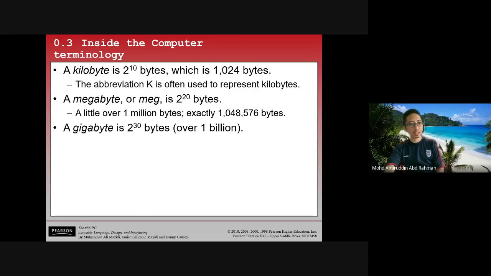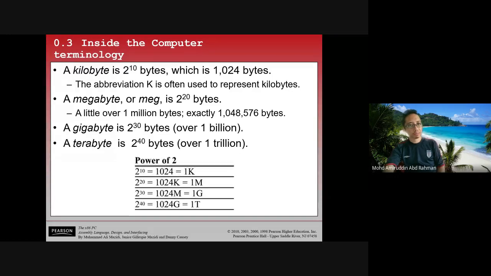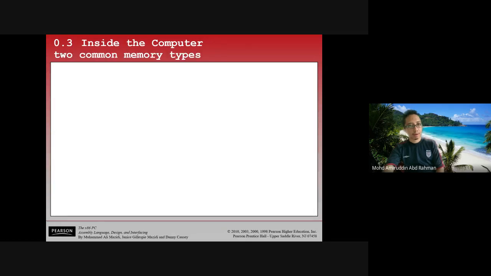A gigabyte, you increase 10 more, so kilobyte, megabyte, gigabyte, so 2 to the 30 bytes, which is over 1 billion. And a terabyte, you increase more, so you have 2 to the 40 bytes. All right, so that's the definition.